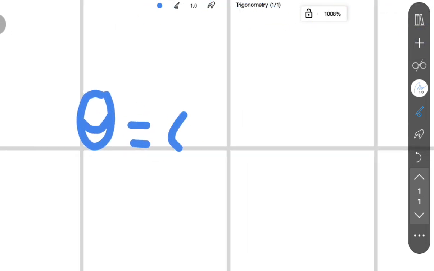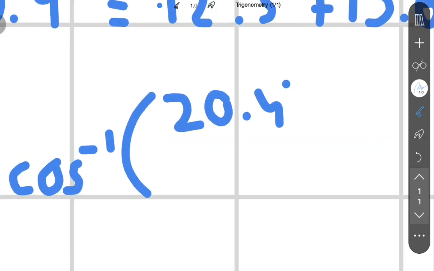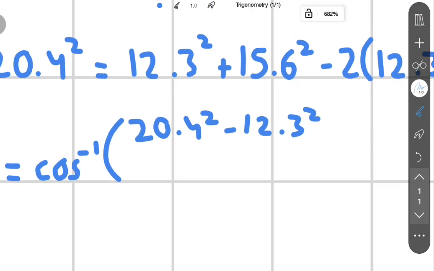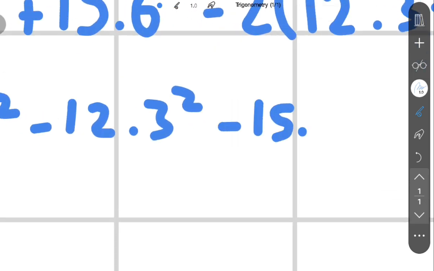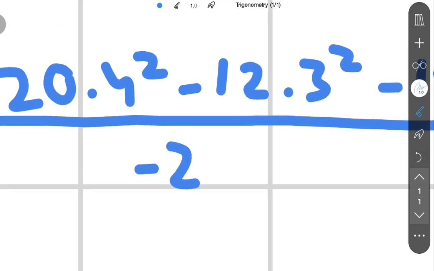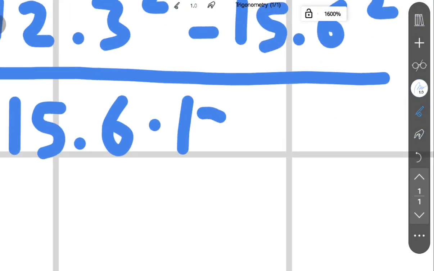So I could say theta will equal cosine inverse of 20.4 squared minus 12.3 squared minus 15.6 all squared, all over -2 multiplied by 15.6, right? Yeah, times 12.3.